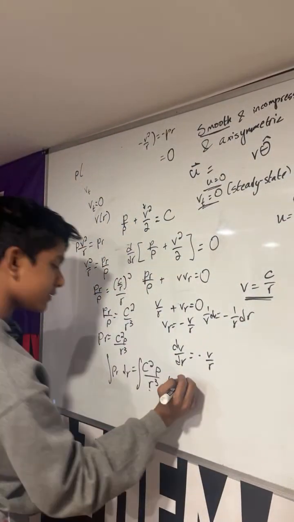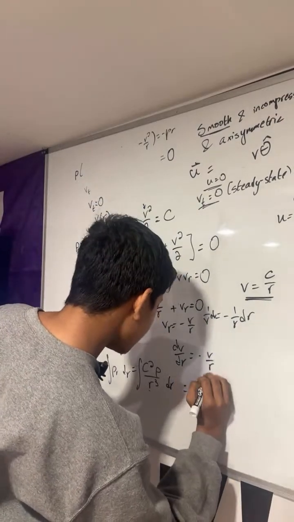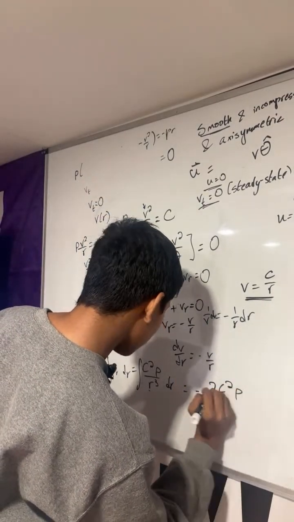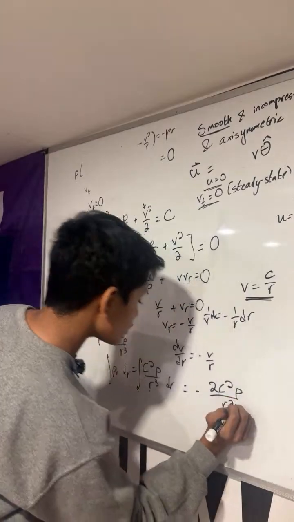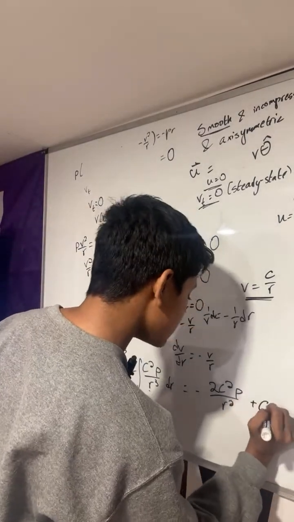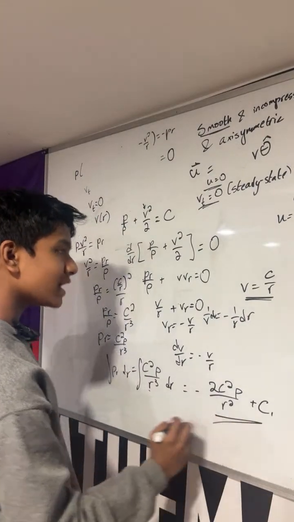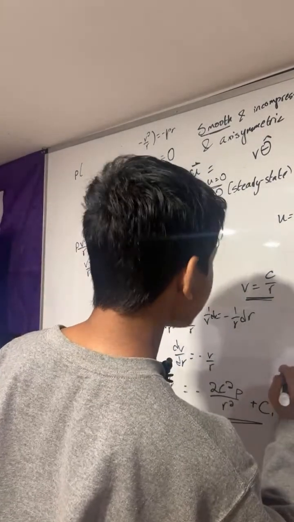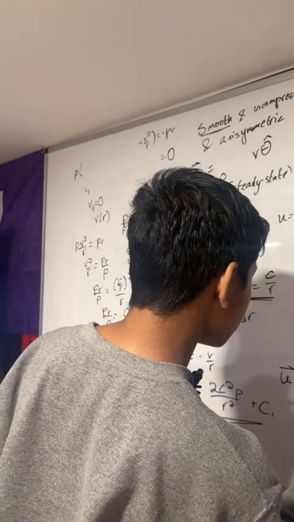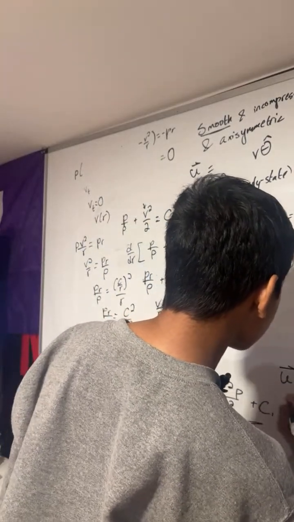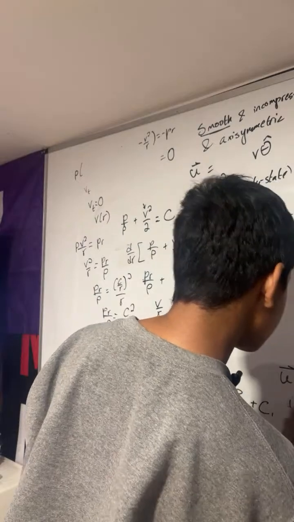So in this case, you get minus C squared rho over 2r squared plus some extra constant C1, which means that the pressure and the velocity have to follow some very strict conditions.